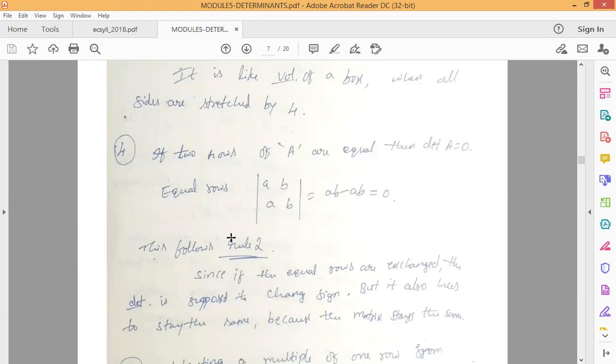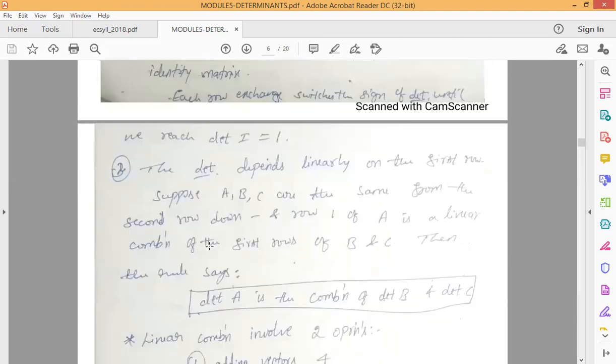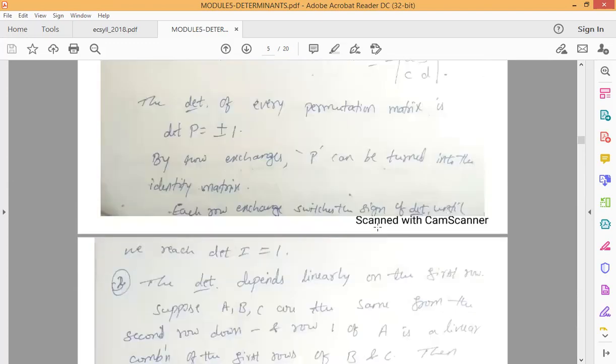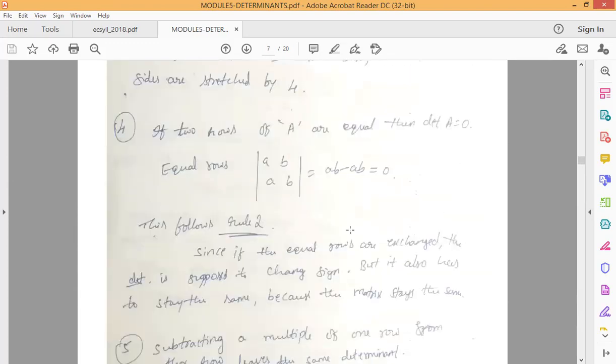Here it follows rule number 2. What is rule number 2? The determinant changes sign when two rows are exchanged. Here also we can exchange the rows and see the value, but since it results in 0, the sign doesn't matter in such cases.